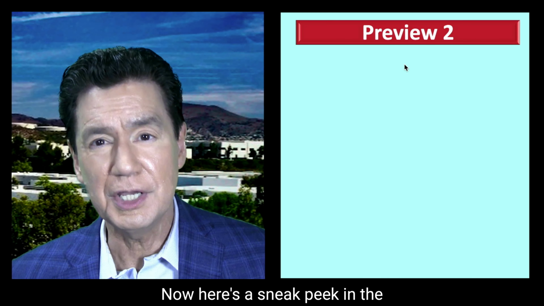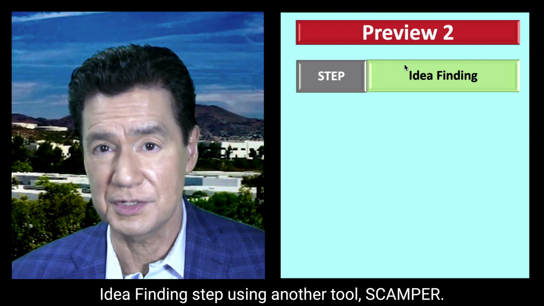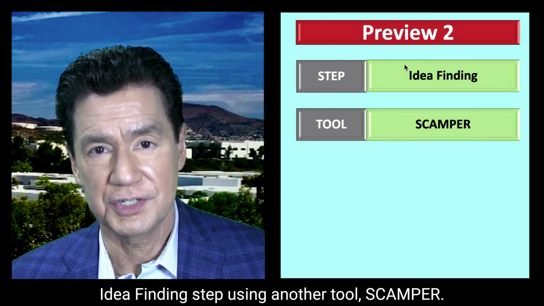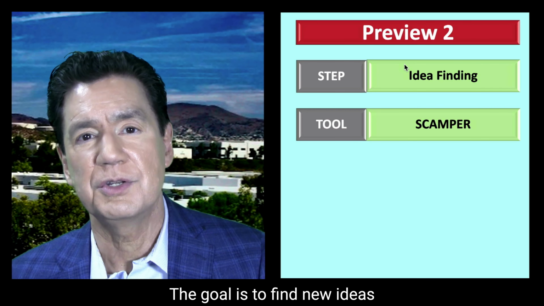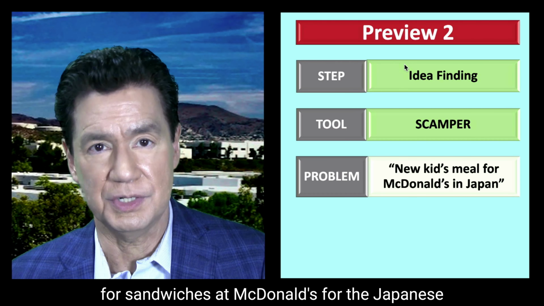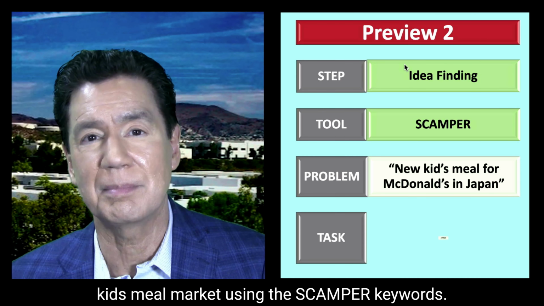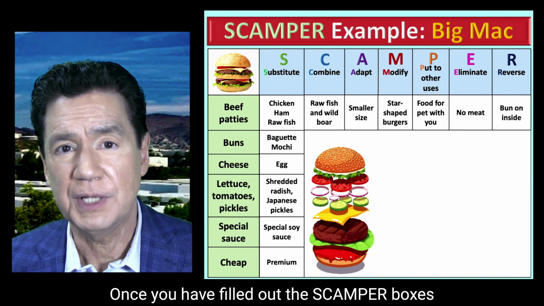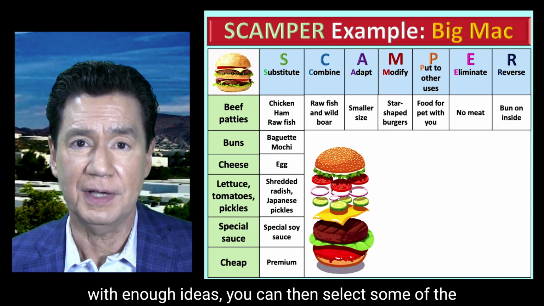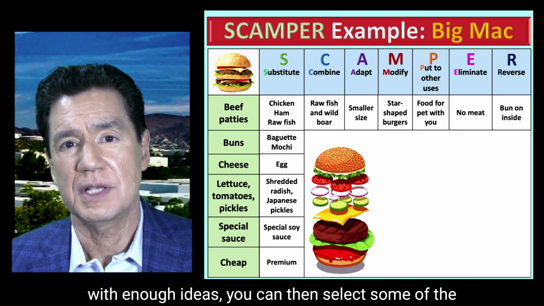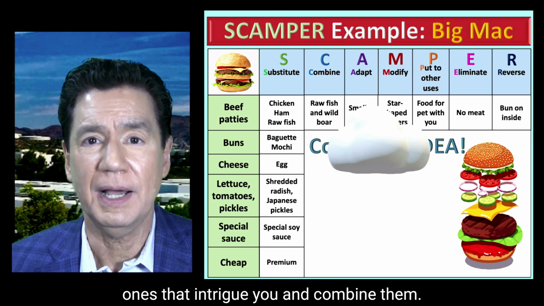Now, here's a sneak peek in the idea finding step using another tool, Scamper. The goal is to find new ideas for sandwiches at McDonald's for the Japanese kids' meal market using the Scamper keywords. Once you have filled out the Scamper boxes with enough ideas, you can then select some of the ones that intrigue you and combine them.